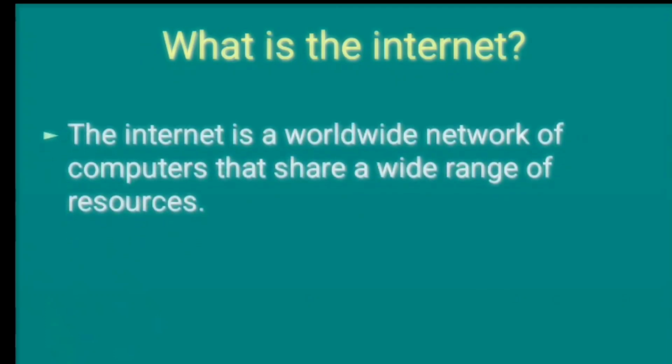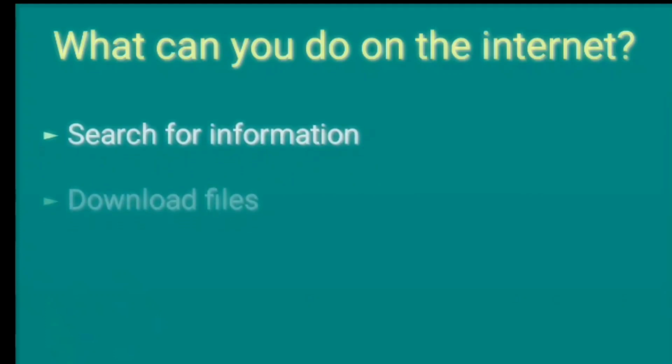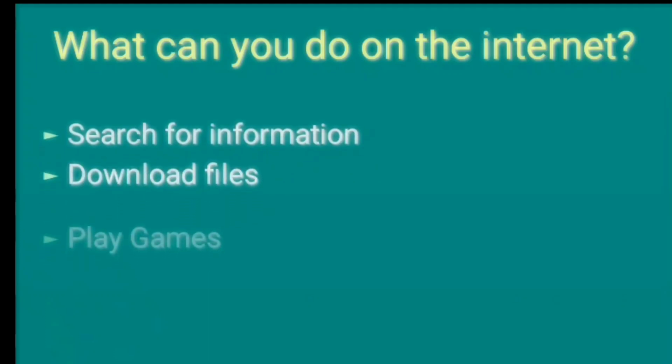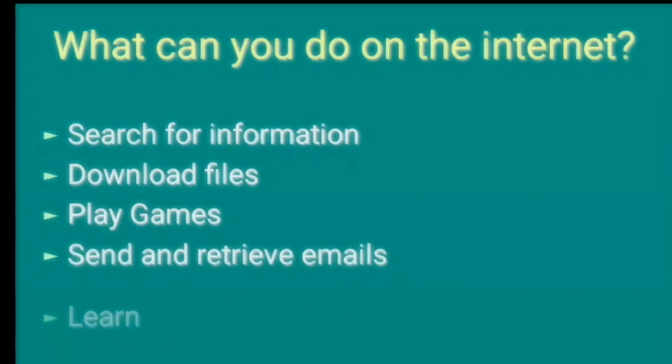The internet is a worldwide network of computers that share a wide range of resources. What can you do on the internet? Search for information, download files, play games, send and retrieve emails, learn, shop.